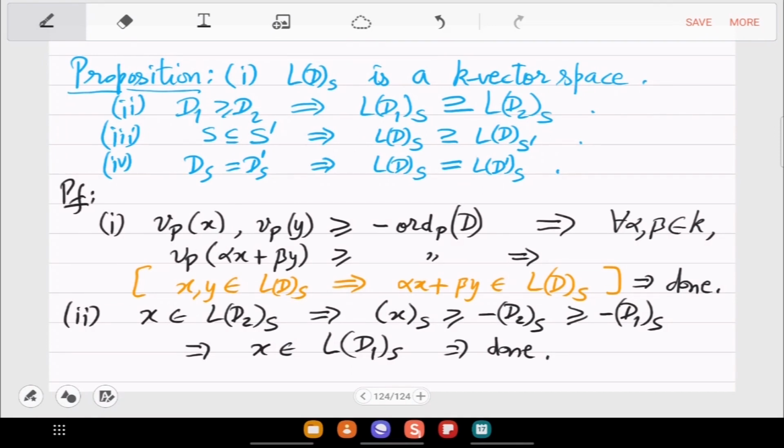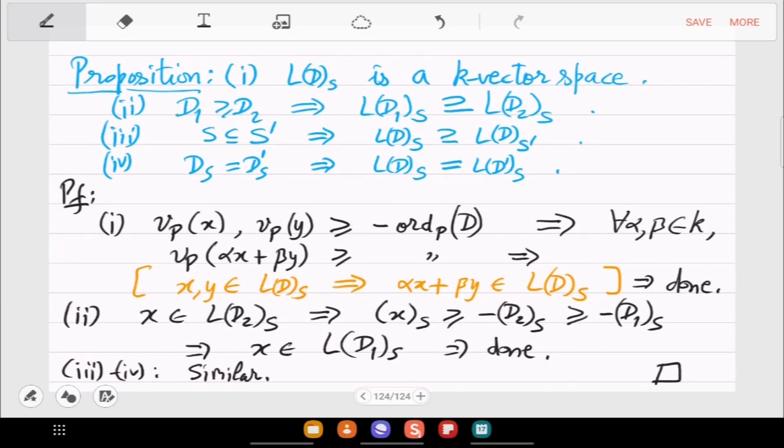So here you use the minus sign that we have in the definition. Okay, I think the others are easy. So that gives you all the properties. Okay, these are simple properties.